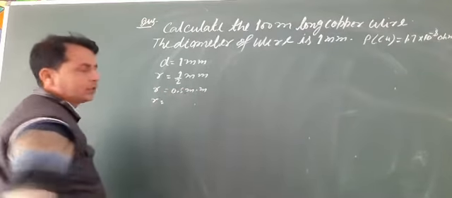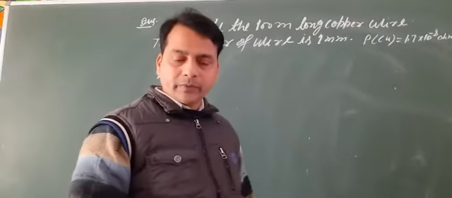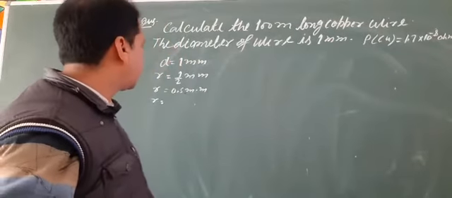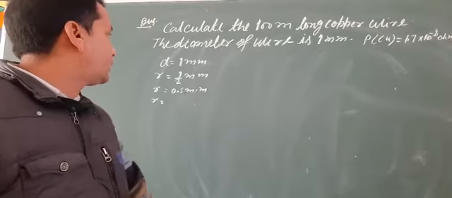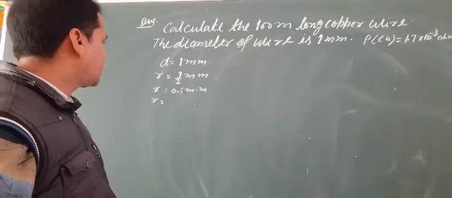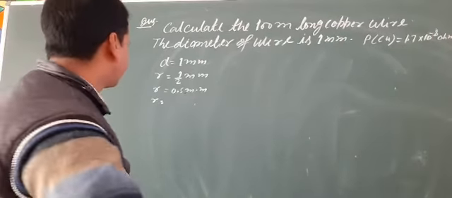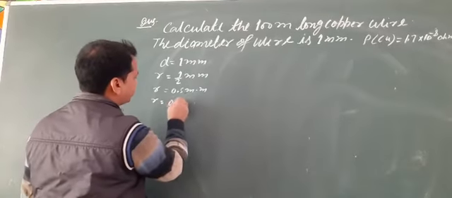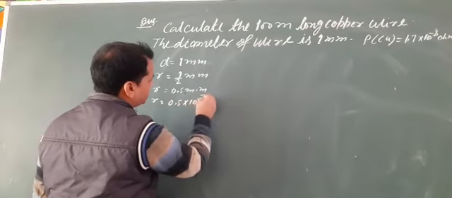We convert it into meter, then R equal to 0.5 into 10 to power minus 3 meter.